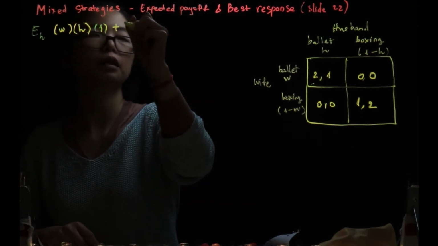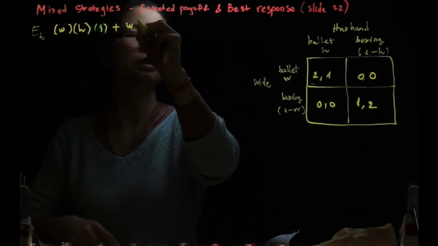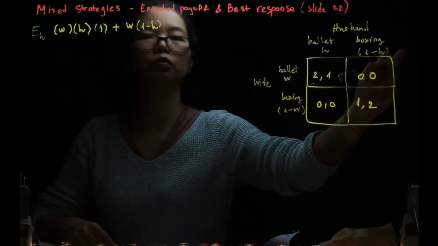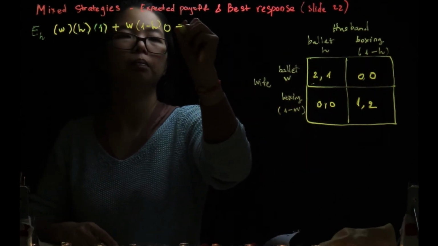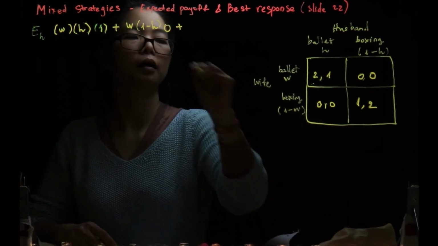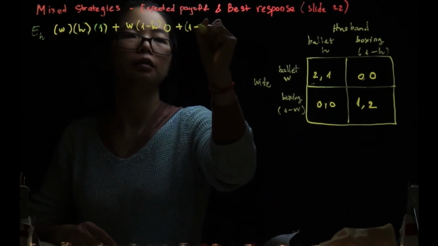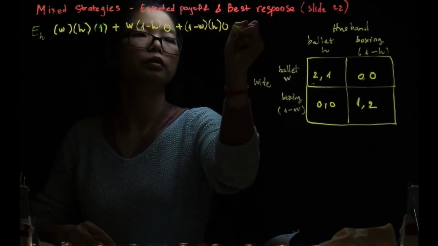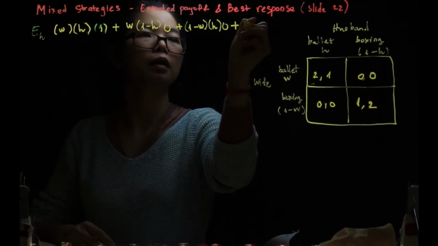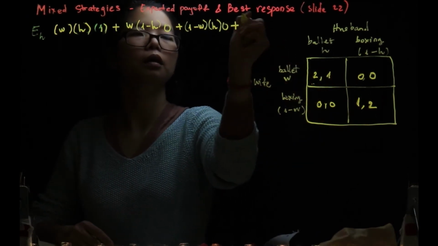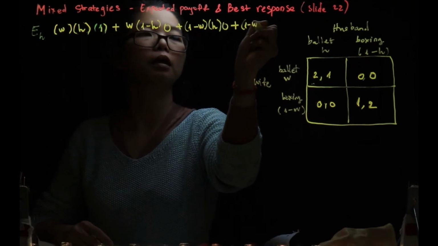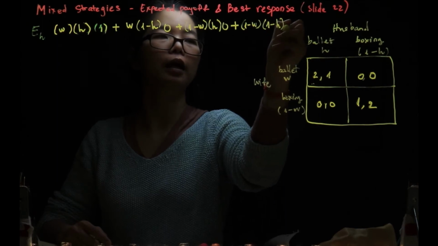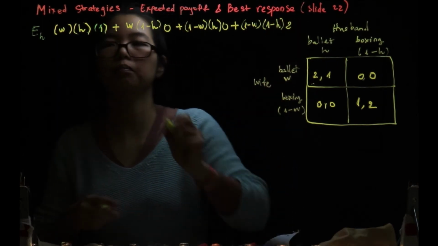Now, plus W times (1 minus H) times 0, plus (1 minus W) times H times 0 again, and then plus the last one, (1 minus W) times (1 minus H) times 2 when it's boxing, right?